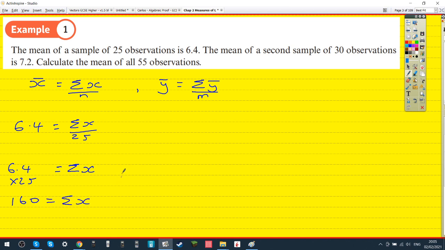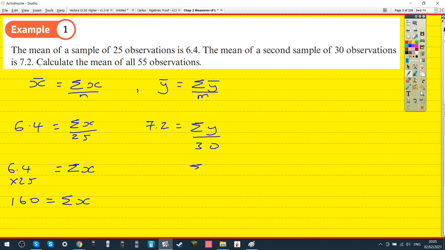Okay. And how about same thing for the other one? So it'd be 7.2 equals sigma y over 30.